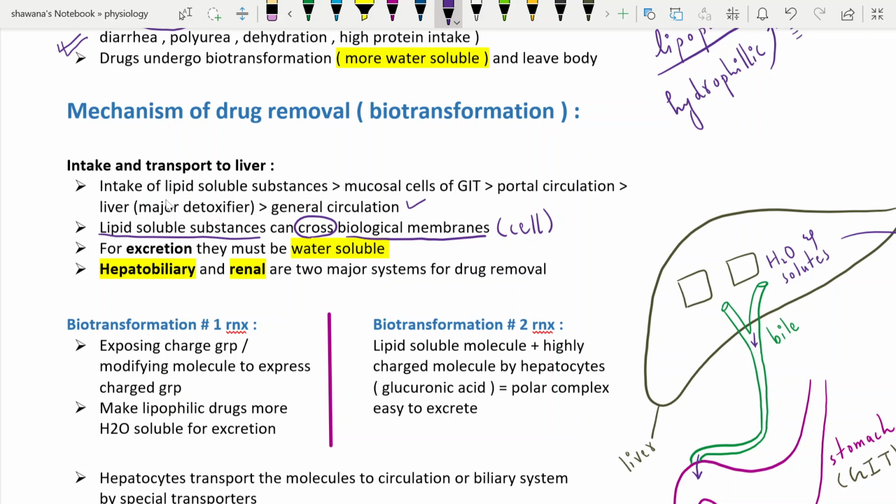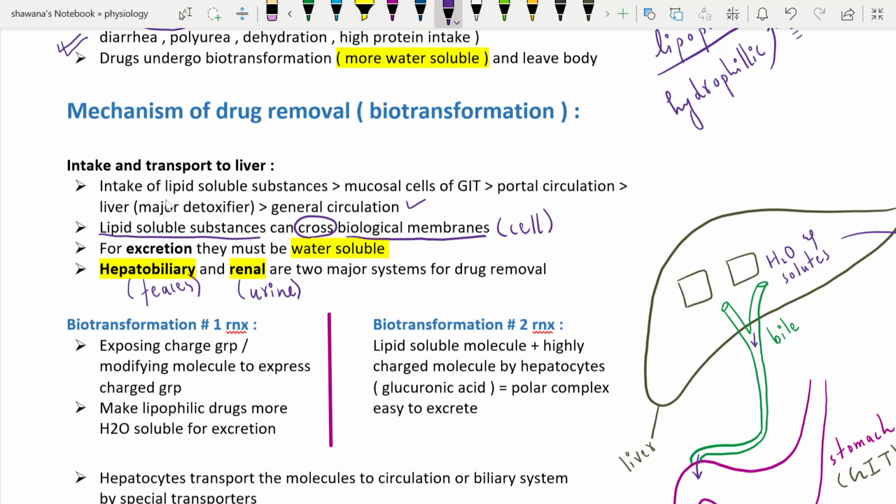For excretion, they must be hydrophilic, water soluble. So for drug removal, there are two systems: hepatobiliary, by which feces are formed, and the renal system, by which urine is formed.